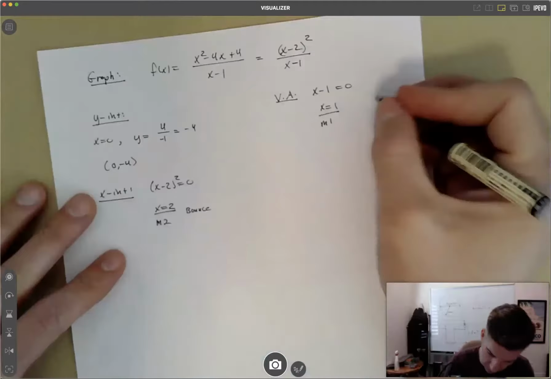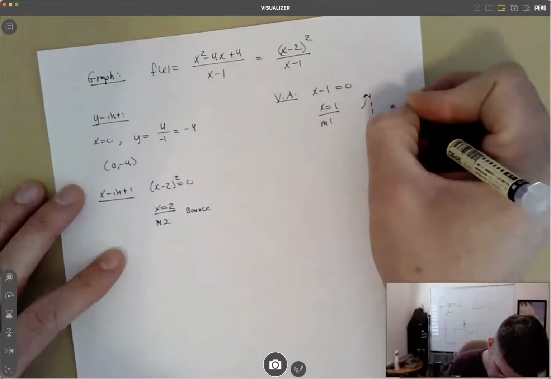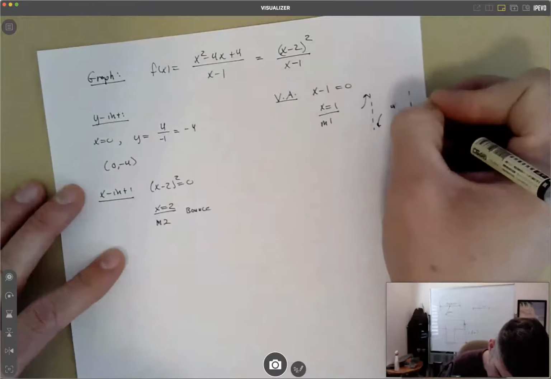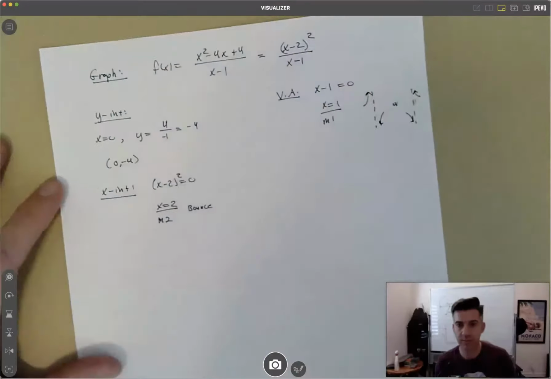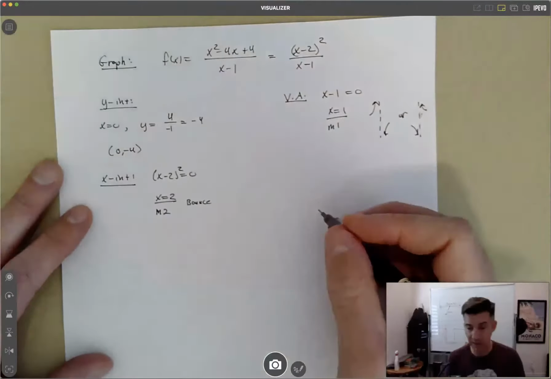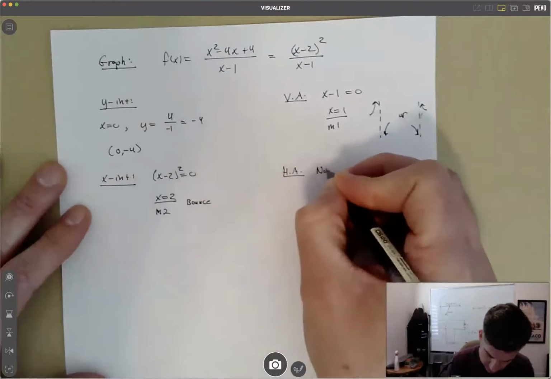So at your vertical asymptote, you're going to have the left side up and the right side down, or the opposite of that: the left side down and the right side up. And then finally, there isn't a horizontal asymptote because the degree on top is larger.